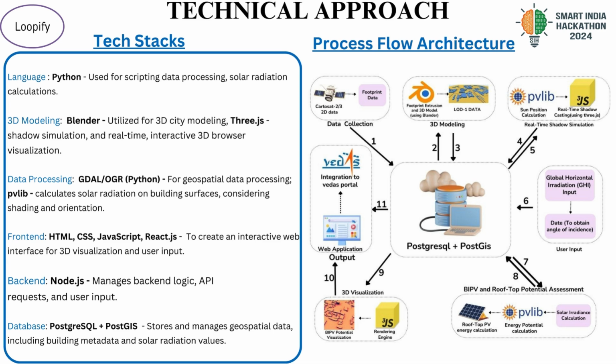These results are stored on the server. Finally, we use Three.js for 3D visualization and rendering of BIPV potential, incorporating color and texture based methods based on the calculated energy potential which we did using the PVlib library. This data is rendered using a powerful 3D engine, and the final output is displayed on the website. Our website will also be integrated with the Vedas portal for further accessibility and interaction.